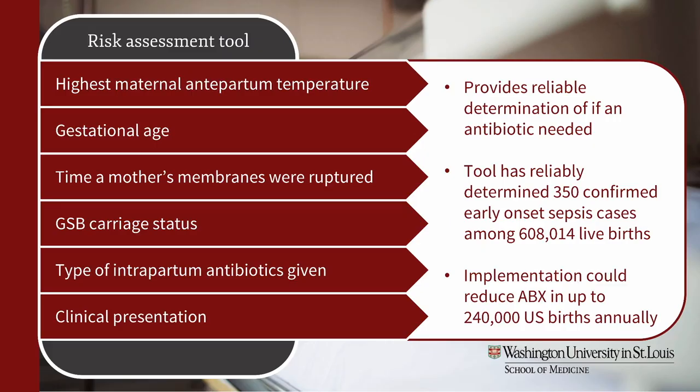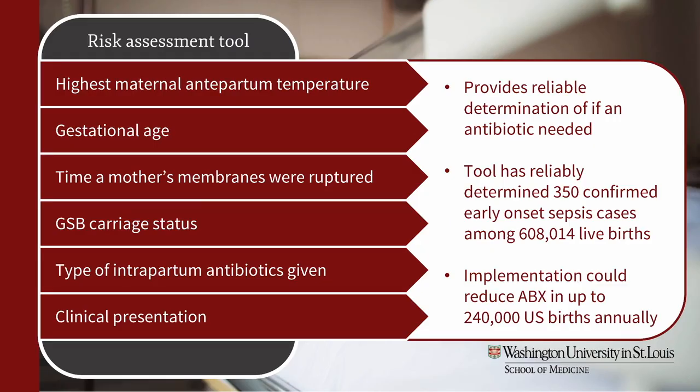This data gives the estimated probability of culture-confirmed sepsis as risk per 1,000 live births. Additionally, by taking into account the clinical presentation, whether they are well, equivocal, or clinically sick, the provider can reliably determine if an antibiotic is needed.